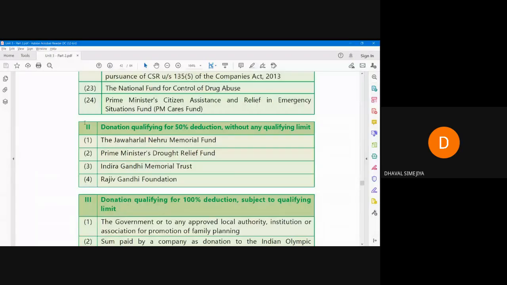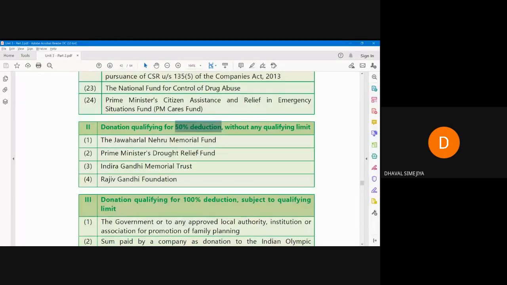Now, table number 2. Table number 2 is very small, and you will be able to remember the names. First of all, donations qualifying for 50% deduction. It means if I donate 1 lakh rupees, I will get a 50,000 deduction.